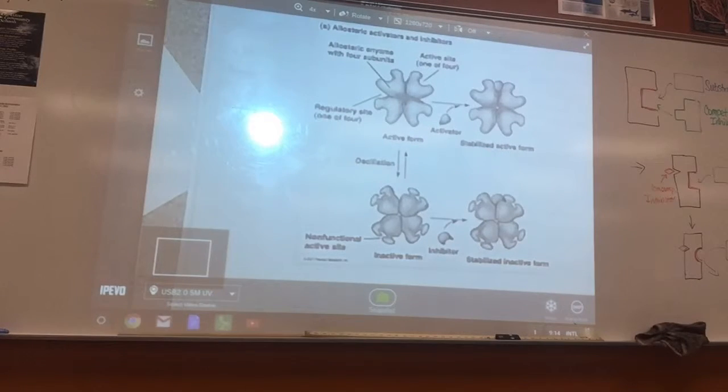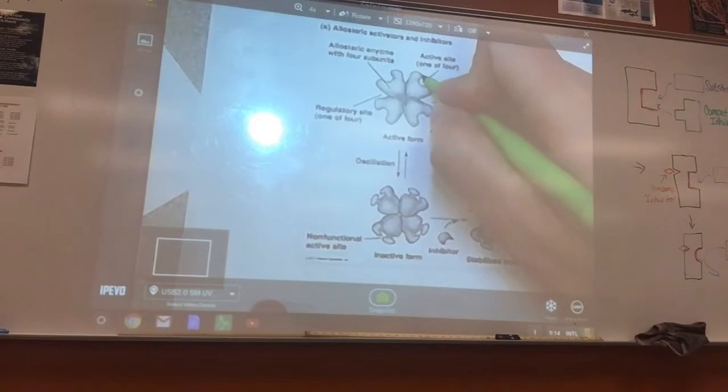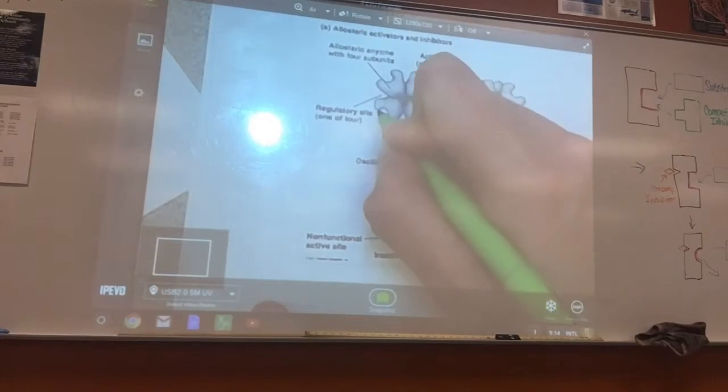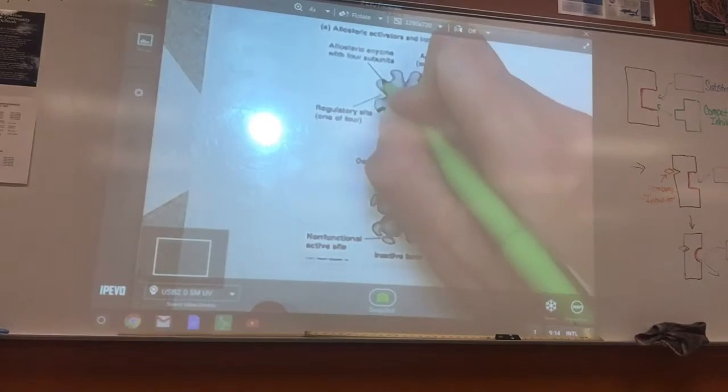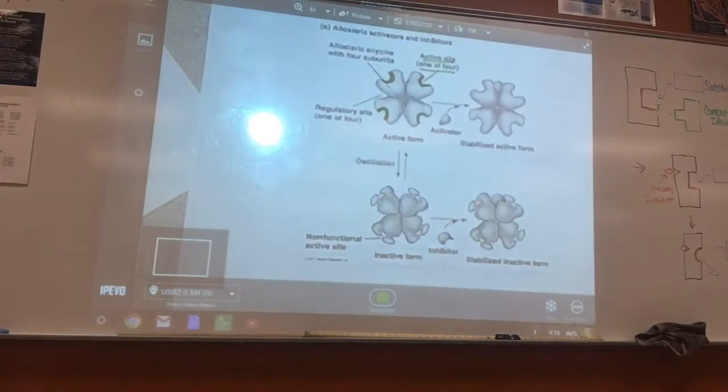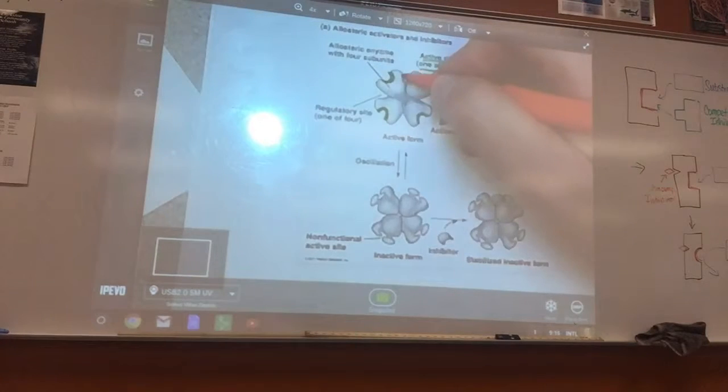So how many active sites does this enzyme have? 4, right? I'm going to color code them just so we can see. Here's an active site, here's an active site, here's an active site, and here's an active site. So active site, 1 of 4. Then I want to point out that if you look at the space in between the subunits, right here, there's another site.